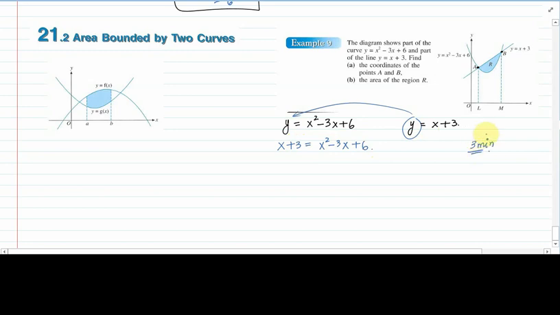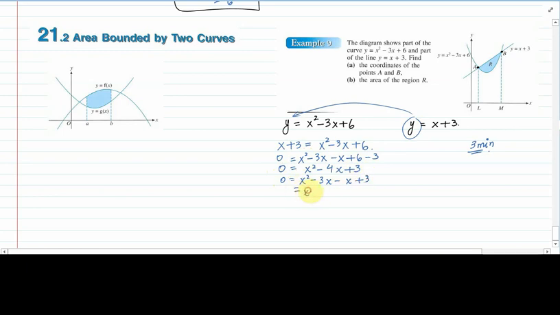Alright, if I arrange the equation first, it will be x square minus 3x minus x plus 6 minus 3 equals 0. X square minus 4x plus 3 equals 0. So the middle term splits as x square minus 3x minus x plus 3.